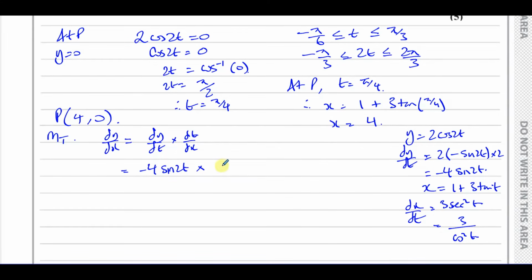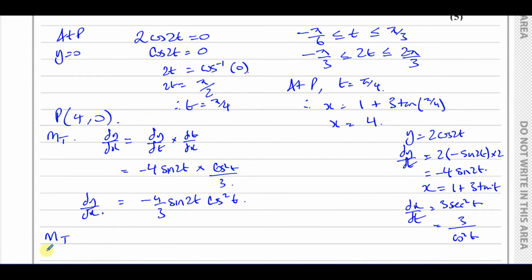Now dt/dx is the reciprocal of dx/dt, so it's going to be times cosine squared t over 3. So you end up with minus 4 over 3 times sine of 2t times cosine squared t. That is dy/dx.